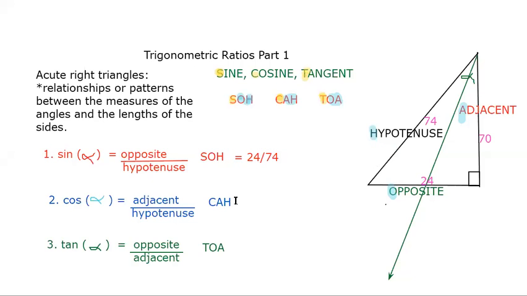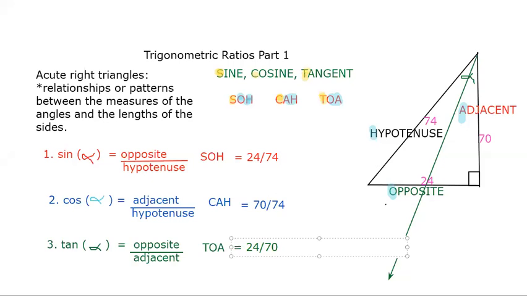The cosine of alpha would be adjacent over hypotenuse, which would be 70 divided by 74. And the tangent of alpha is going to be opposite over adjacent, which is 24 over 70.